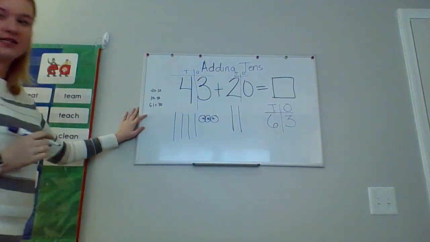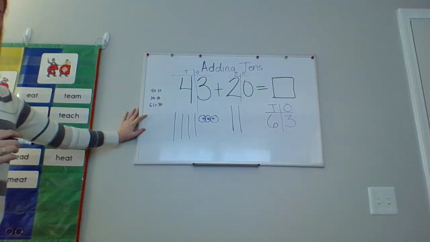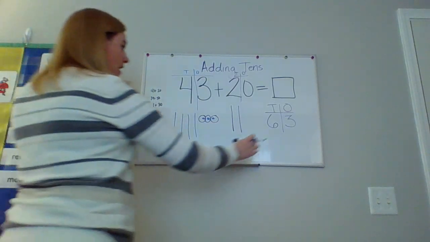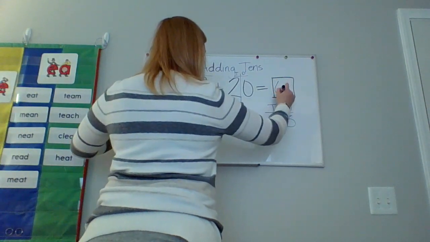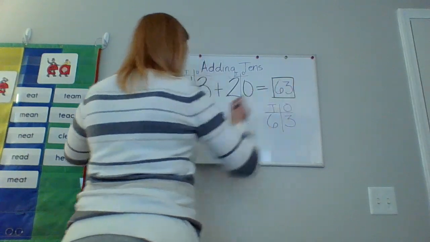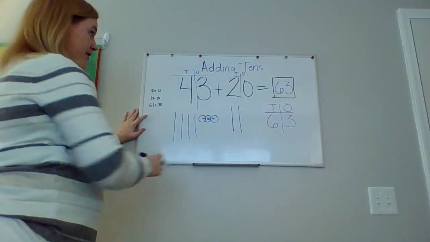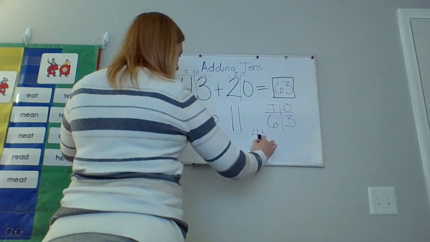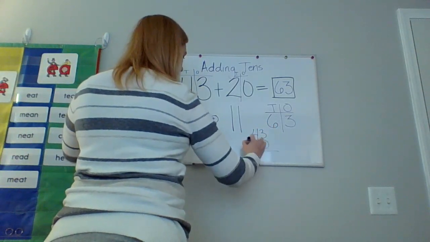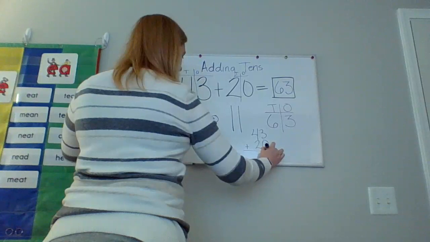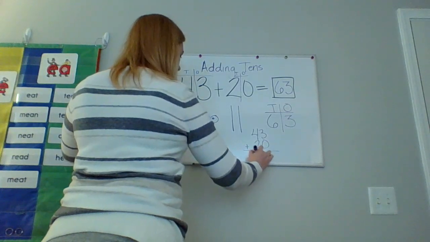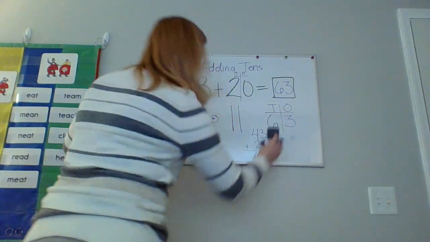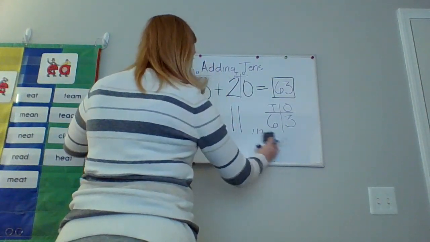I have 6 tens. So I have the number 63. Because if I add 43 and 20 together, I end up with 3 and 6. So a 63.